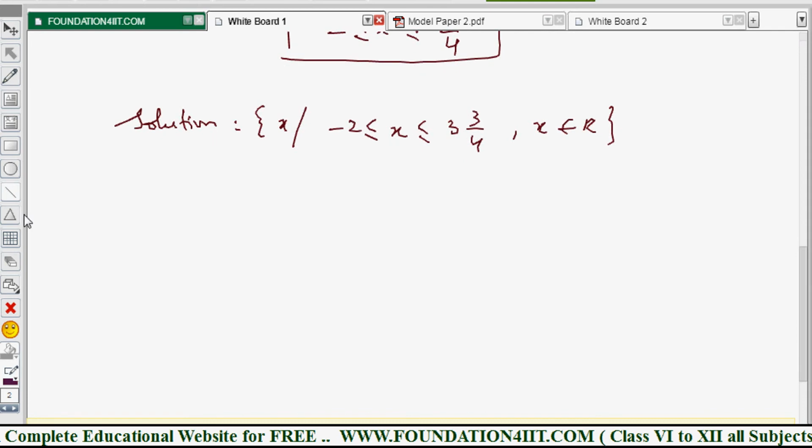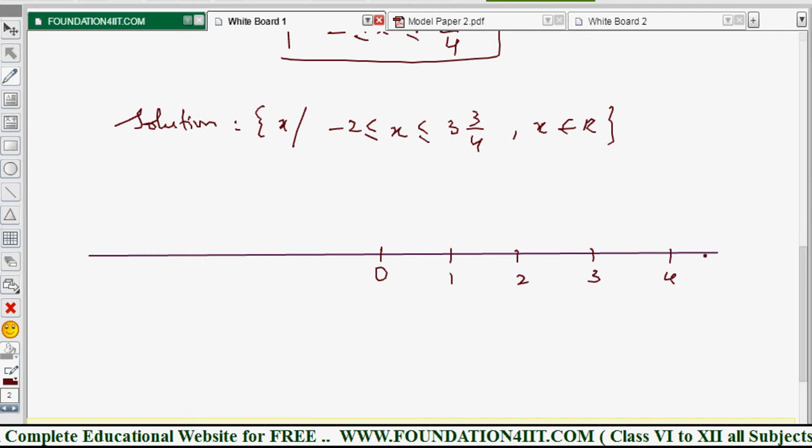Let us take the number line, from minus 2 to plus 3. So that is 0. On the right side you can take positive 1, 2, 3 and 4, and this side is minus 1, minus 2, minus 3, and so on.